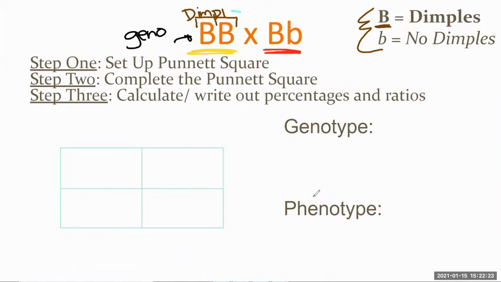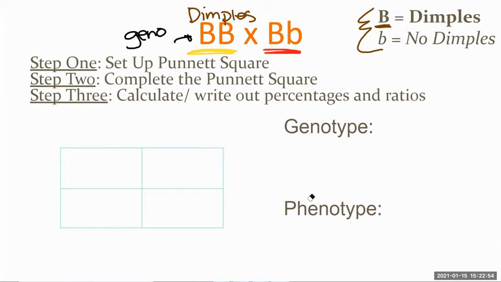Now this heterozygous is where a lot of people get confused, because they see one dominant allele but also one recessive allele, and they wonder what it is.